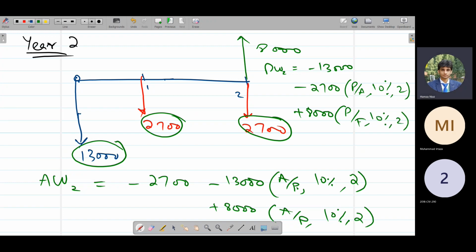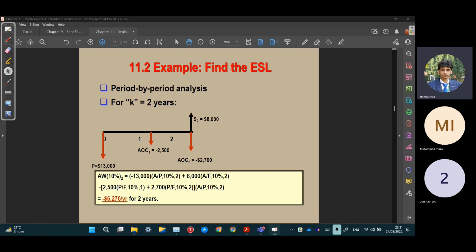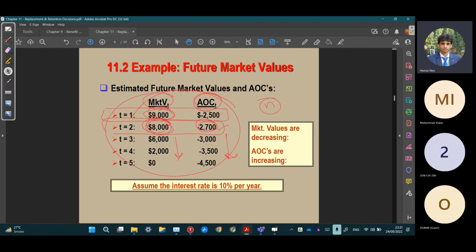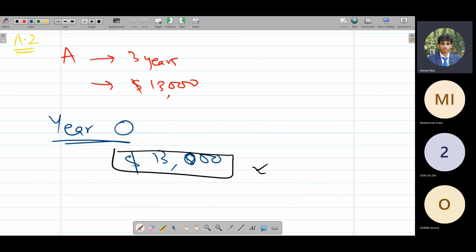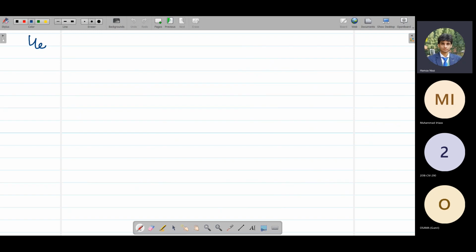So we can follow any of these methods. We can find its present worth, we can find its annual worth. So the answer would not change. So it is fine that we have to do this for all 5 years. We are given this study period of 5 years, so we are going to do this method for year 0, for year 1, for year 2, then again year 3.